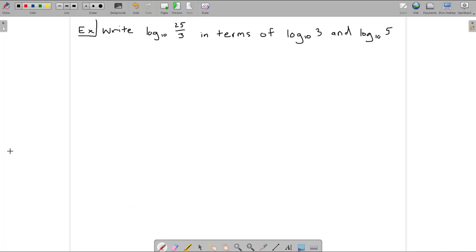First example: we want to write log base 10 of 25 over 3 in terms of log base 10 of 3 and log base 10 of 5. Probably the first thing that stands out is this is a quotient, so we can split this up into a subtraction expression, a difference.